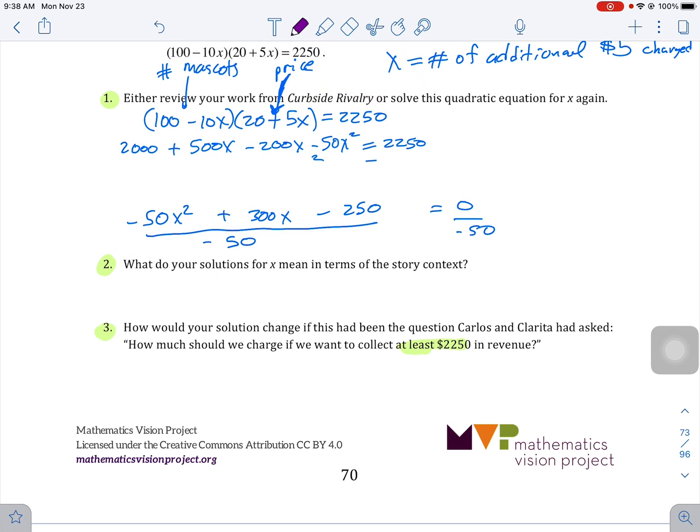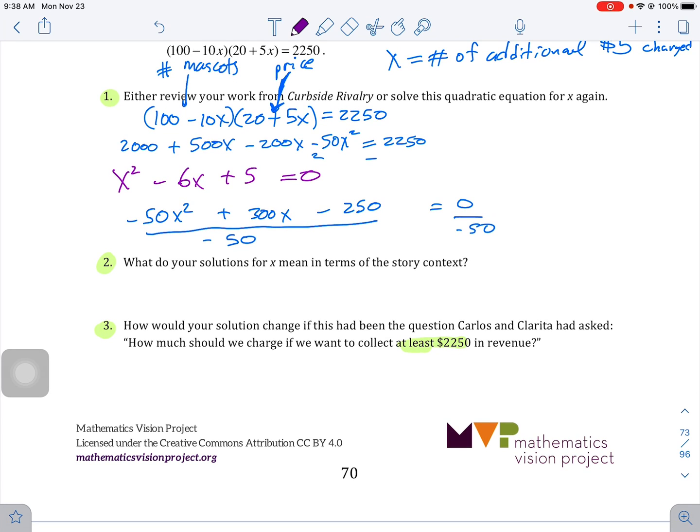we get negative 50 divided by negative 50 is 1, so we got 1x squared. 300 divided by negative 50 is negative 6. Negative 250 divided by negative 50 is 5, and that is equal to 0. So let's get rid of this so we have some room.